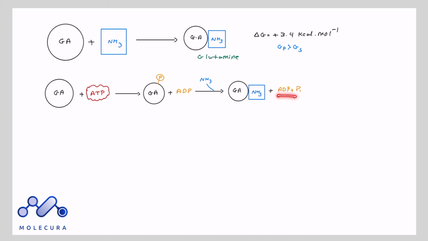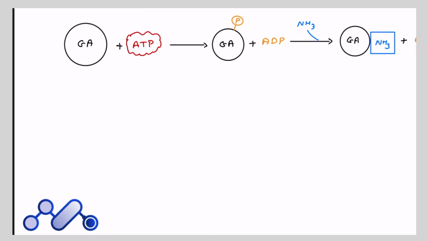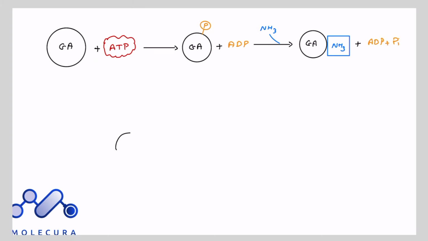The ammonia gets added and we have our glutamine, and then we have our ADP which got hydrolyzed from ATP. Now this reaction, if we want to write it as a whole, is going to be like this. It's going to be our glutamic acid, it's going to react with ammonia. We are going to have ATP.